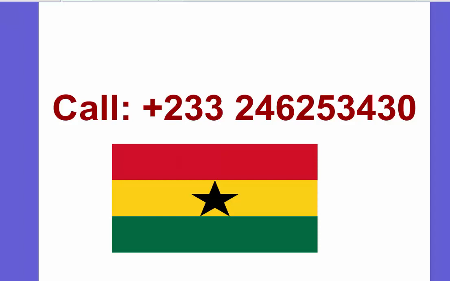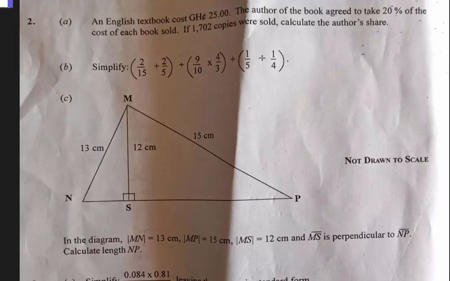Right. So now let's go straight up to our question number 2 of the year 2018 BECE in mathematics. So let's look at question number 2. It says, an English textbook costs 25 Ghana cedis.